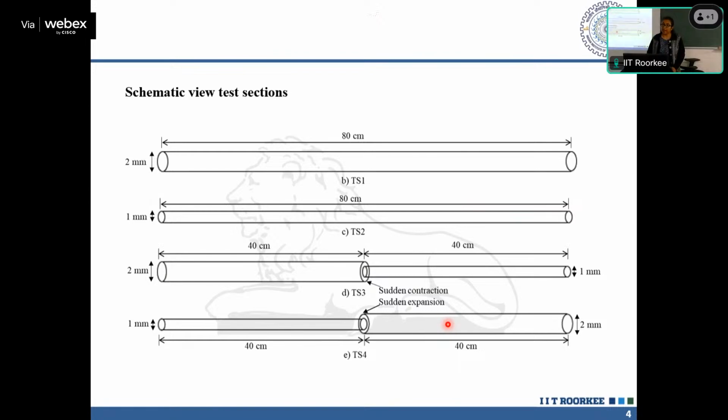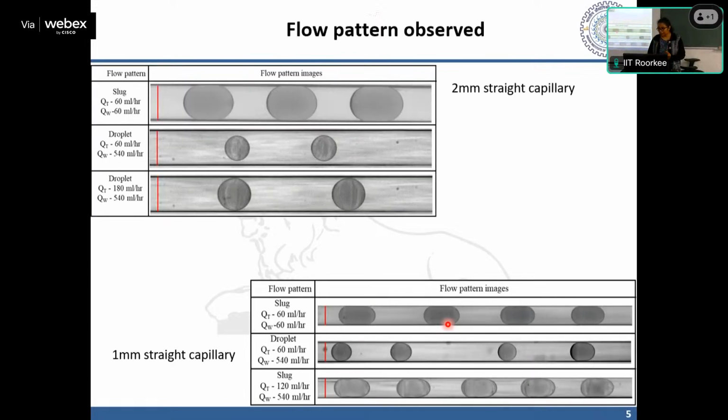But there is a lack of systematic review of how much change in area you need in order to really enhance the mass transfer, and how much energy you are consuming for that. That is the motivation of doing this work, so that we can systematically understand how much this change in diameter is going to change the efficiency.